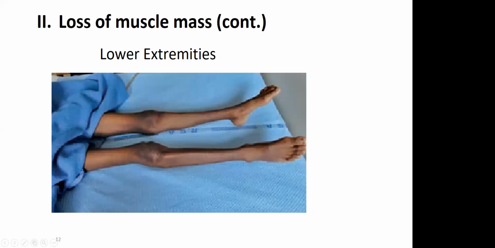As we're waiting for the third poll to come up, in this particular picture you can clearly see the prominence of the muscle mass loss in this patient, and this is a more severe form of malnutrition.